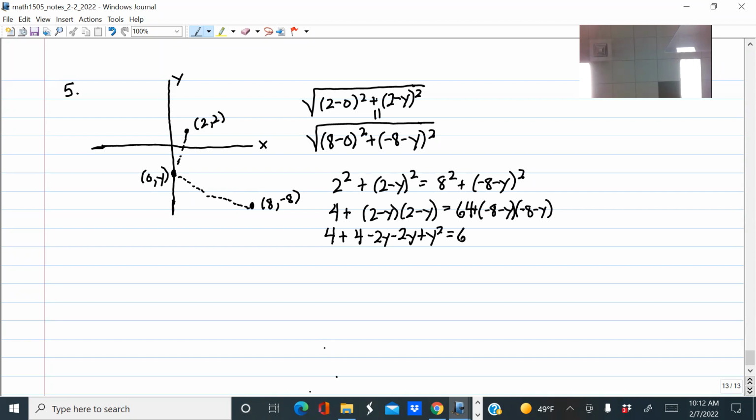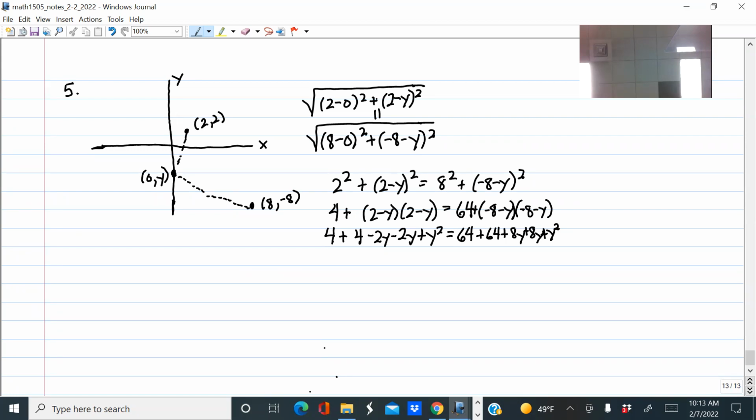And then here we get 64, and then minus 8 times minus 8 is 64 again. And then we will have what? Plus 8y. You have to be careful with signs. Minus 8 times minus y is plus 8y, minus y times minus 8 is plus 8y again, and then minus y times minus y is y squared.